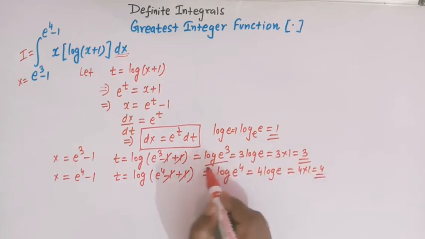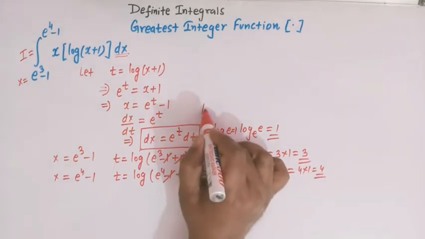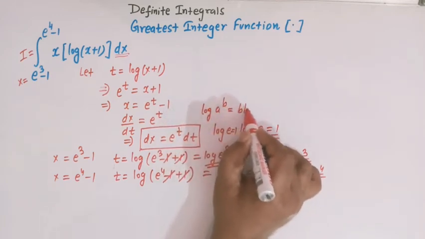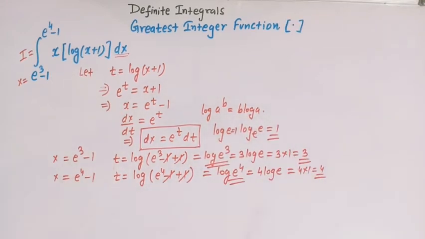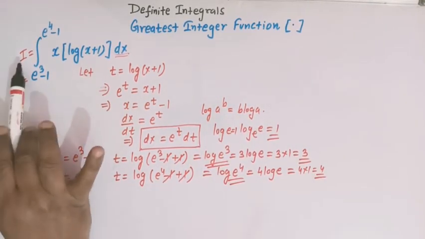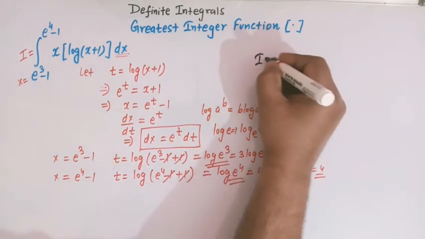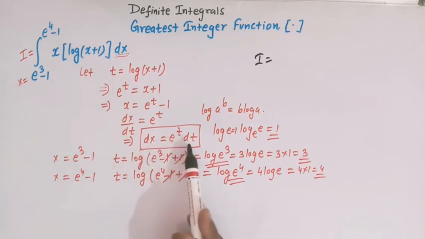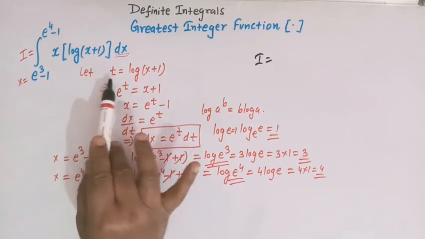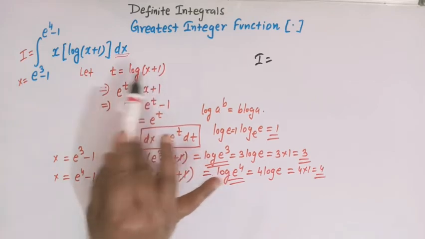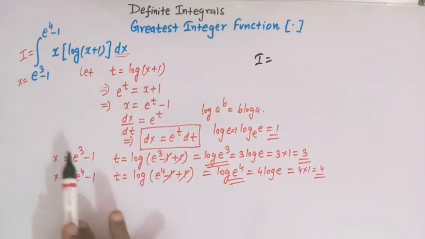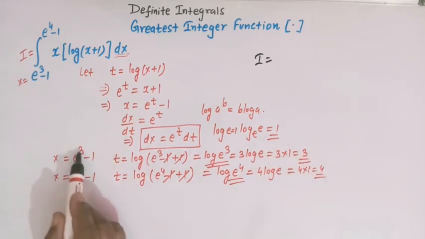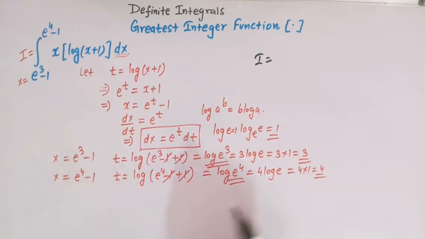And here we have used the property of log, that is log of a raised to b is b log a, right? So now we can write this integral I in terms of t by taking dx is equal to e raised to t dt, and t is equal to log of x plus 1, and the limits are from 3 to 4, because x varies from e cube minus 1 to e raised to 4 minus 1, right?